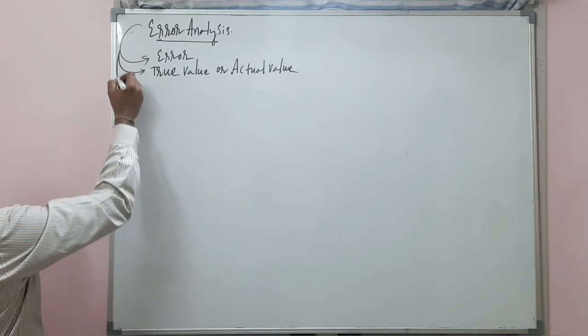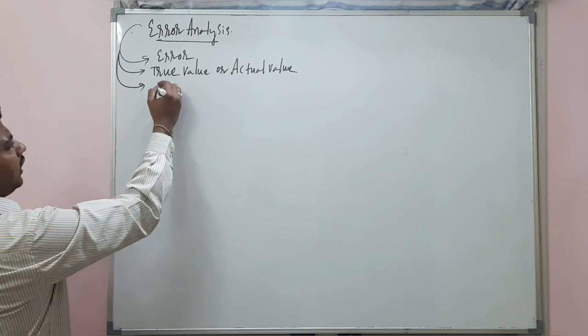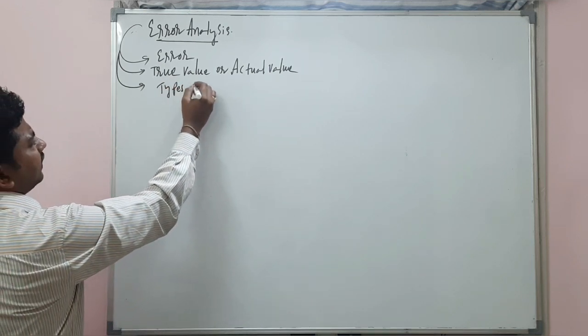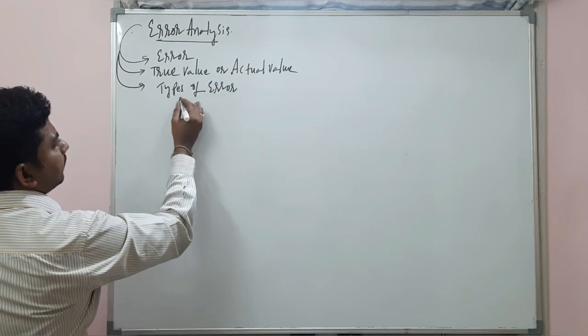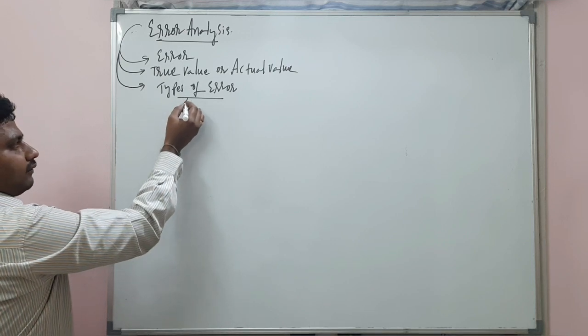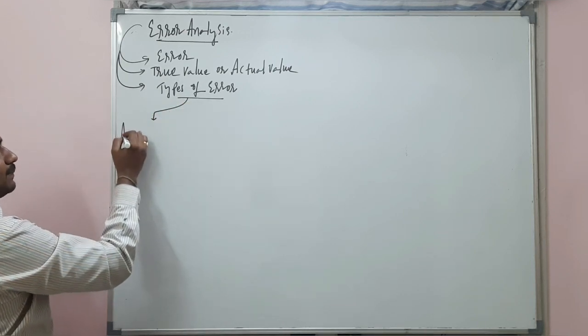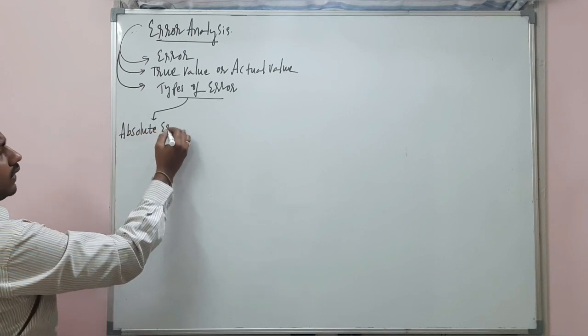The next we'll start with types of errors. What is that? Types of error. So in these types of error, we'll start with absolute error.